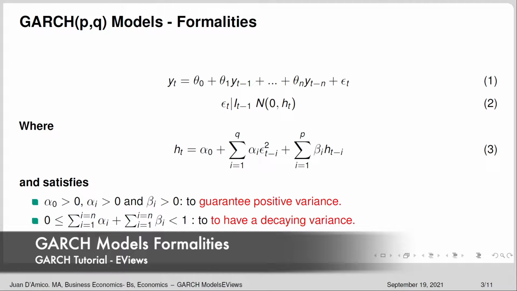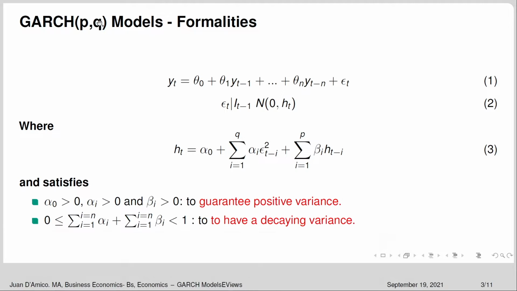Let's go now through the formalities. In the case of GARCH, we have both terms, P and Q, where in ARCH you only had the P term. Once again, here we have our mean equation. In this case, we have Y_t, which is going to be explained by a simple autoregressive model with past values of my variable Y. But in the error term, we have a normal distribution given the previous information, and this h_t term stands for heteroskedastic.